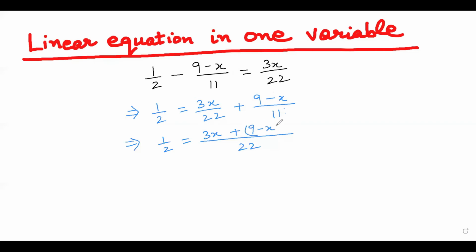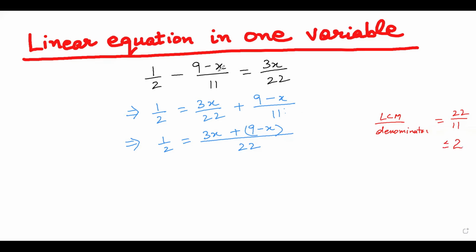How do you find that number? We find that number by dividing the LCM by the denominator of that fraction. Here the LCM is 22 and the denominator of the fraction in question is 11. So the number we have to multiply the numerator with is 2.